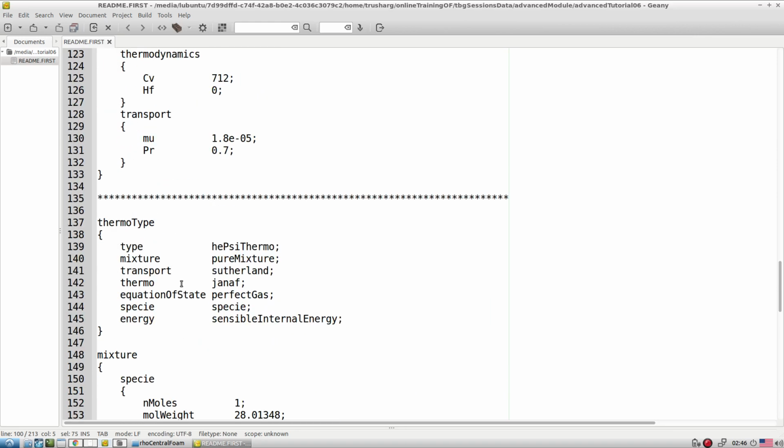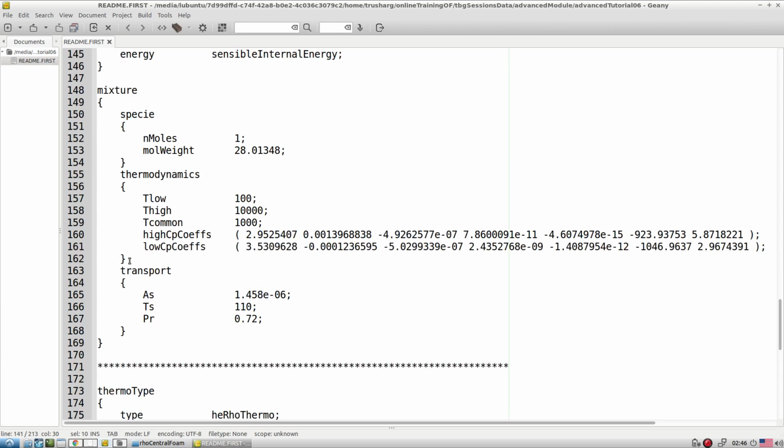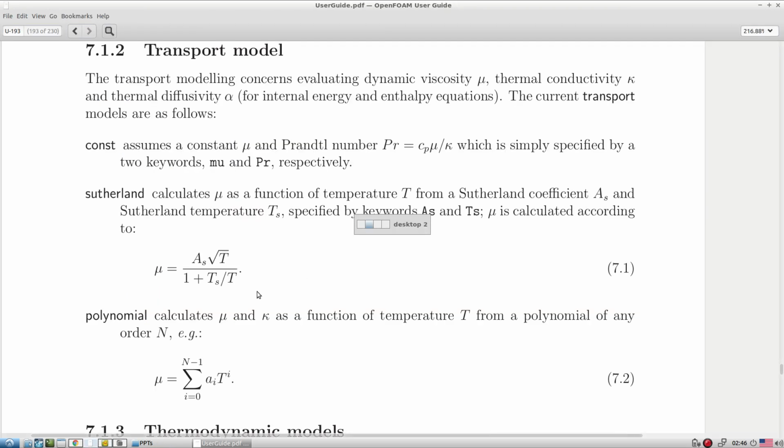So if you work with the rho thermo transport Sutherland, then in the transport you have these As and Ts two constants appear. So that constant is nothing but this. Then polynomial base is also possible, where mu and k are a function of T, a polynomial of any order n.